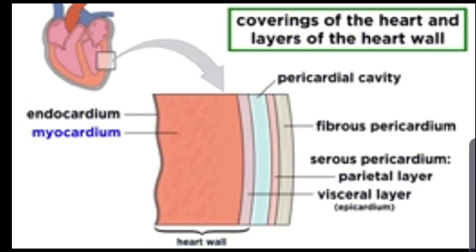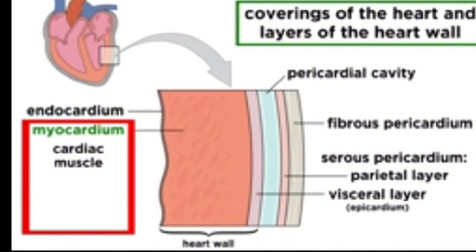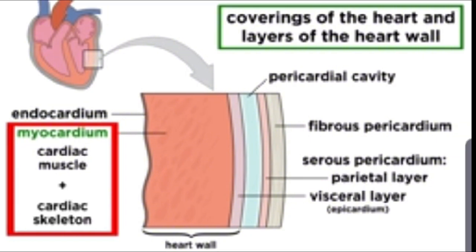The myocardium makes up most of the heart, and it is made largely of cardiac muscle. The rest is made of connective tissue fibers that form a dense network called the cardiac skeleton, providing structural support and insulating the electrical activities.